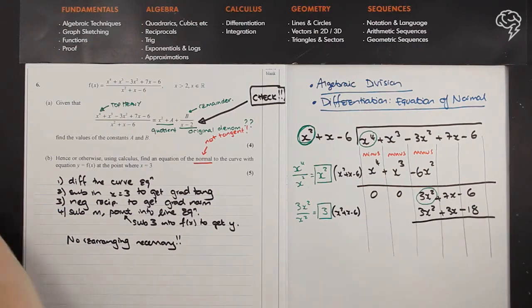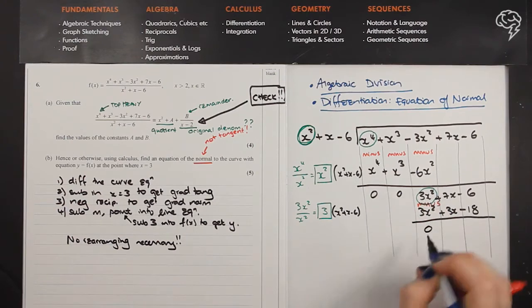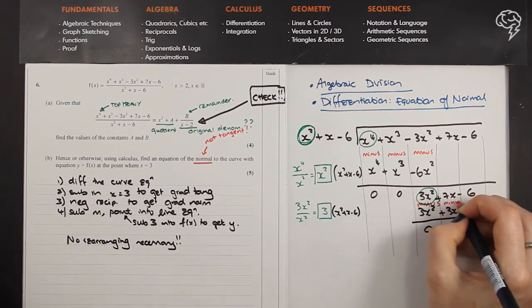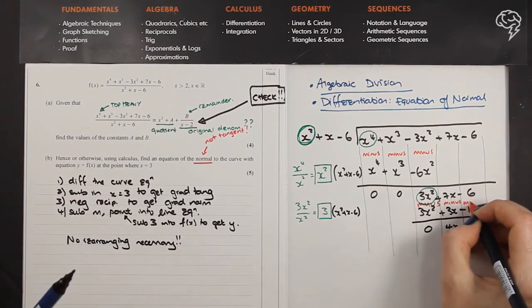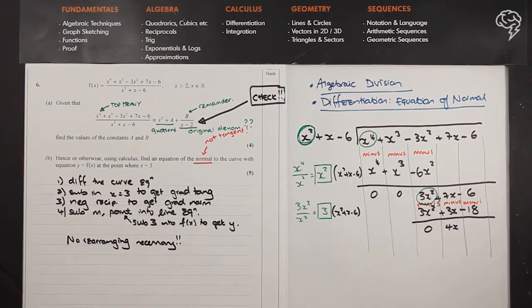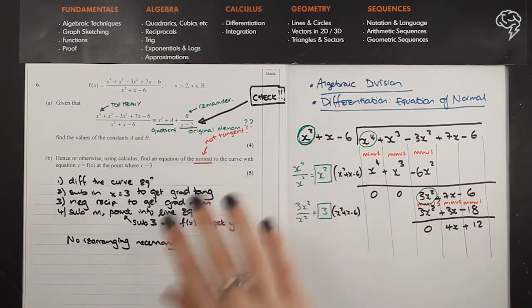And we subtract. 3x squared minus 3x squared gives nothing, 7x minus 3x gives us 4x, and minus 6 minus minus 18 makes it a plus, which makes it 12. Okay? Now, we can't go any further because the biggest part of our numerator is now smaller than the biggest part of our denominator. We can't do 4x over x squared, so that's the end.